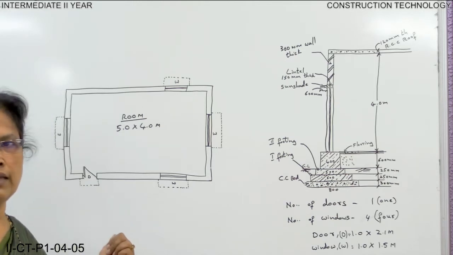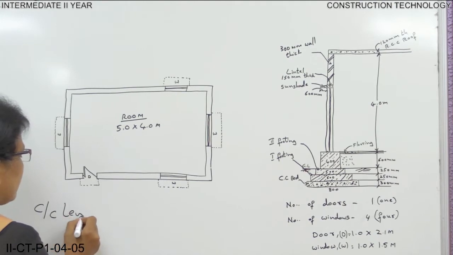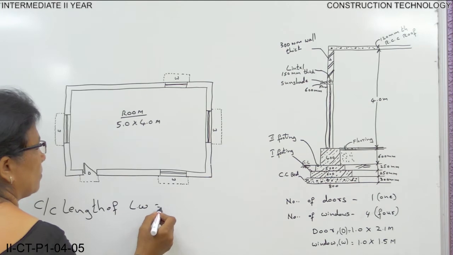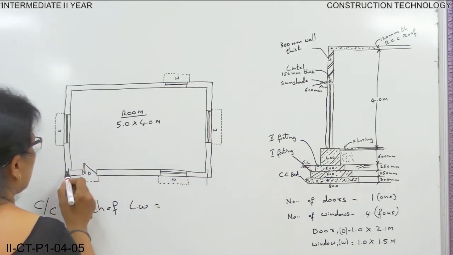Now we will see the center to center length of the long wall. From here to here we have to take from center to center.